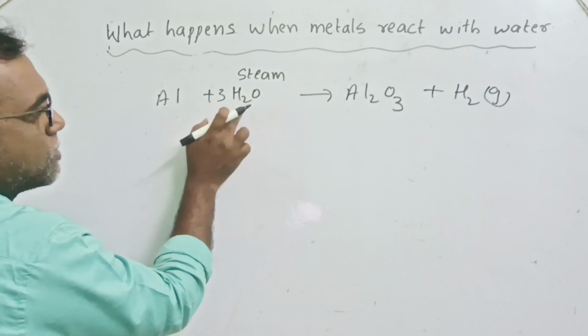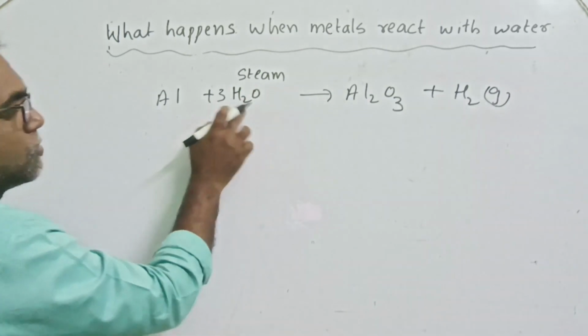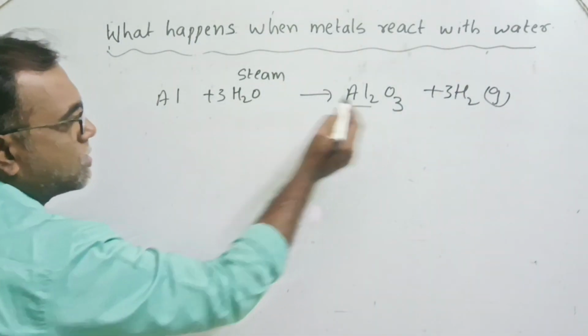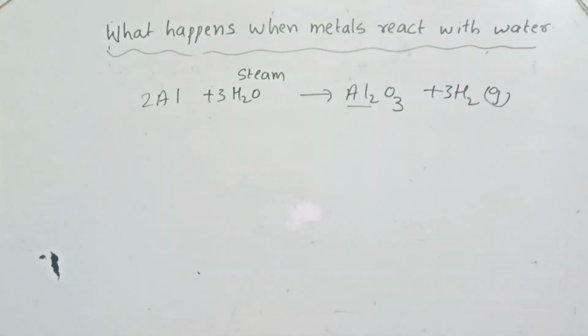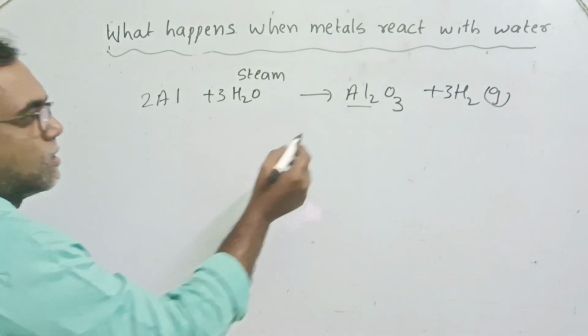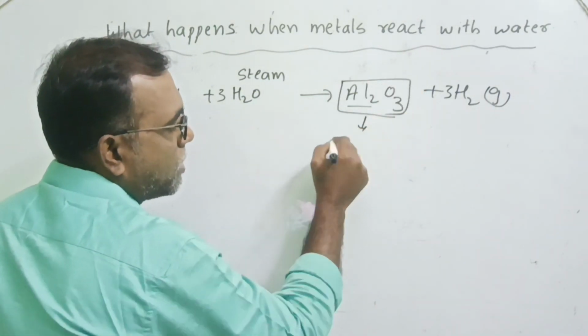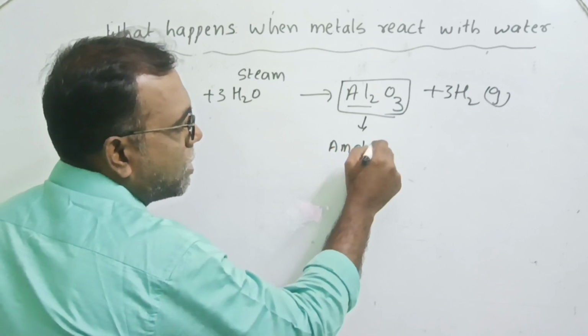The number of hydrogen atoms is 6 here, 3 twos are 6, means here make it balanced. Now here 2 aluminum atoms are there, so make it 2. The reaction is balanced. And this metal oxide is also called an amphoteric oxide.